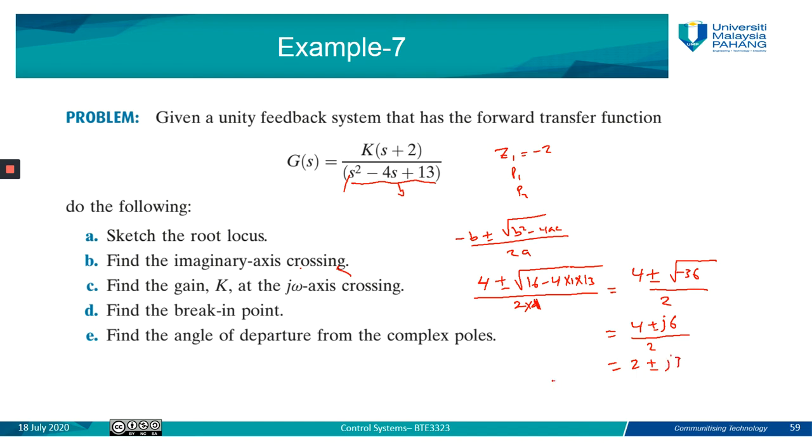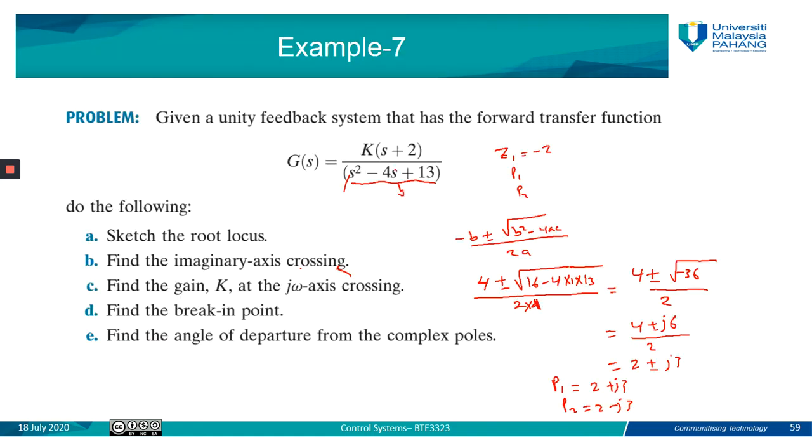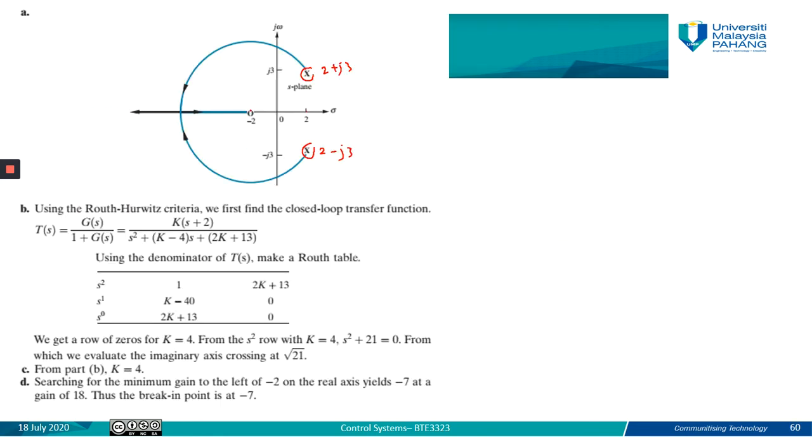So S1, or pole number 1, will be 2 plus j3, and pole number 2 will be 2 minus j3. If we go here, we can find this is 2, this is minus j3, 2 minus j3, the first pole, and this is 2 plus j3, the second pole. And the zero that we have, based on this equation, is at negative 2. So this is the zero point, and this is the pole.